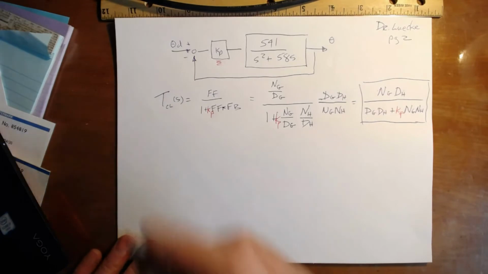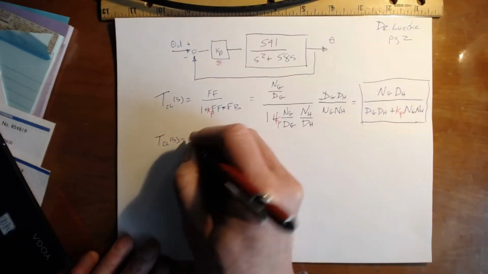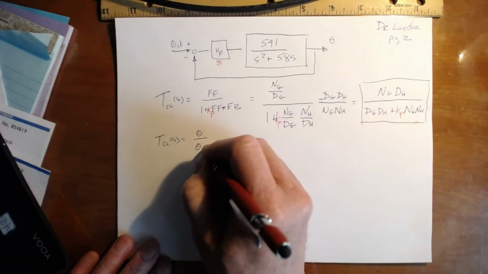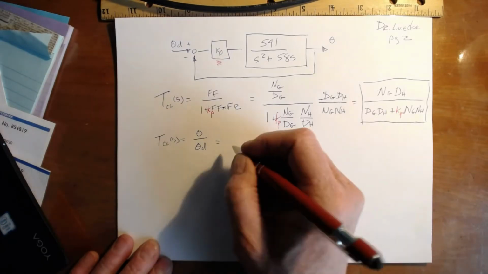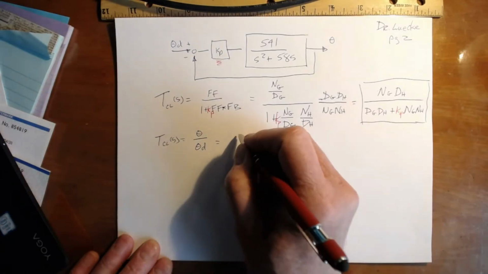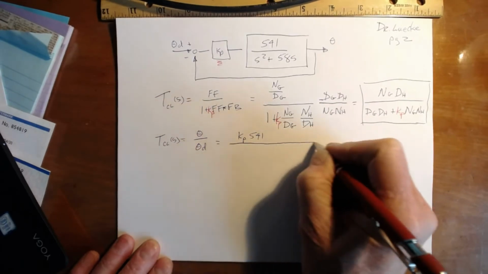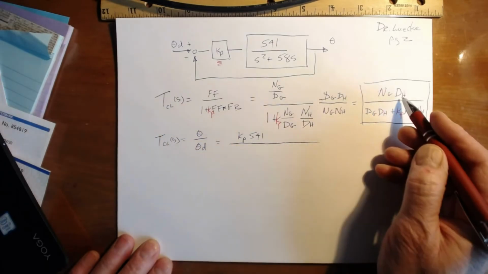Okay, so here's a different formula that you can use for your closed loop to resolve a loop into an overall transfer function. So here's the closed loop transfer function in terms of S. It's going to be theta, what comes out, over theta desired, what goes in. This is going to be the numerator of G, Kp times 541, divided by the denominator of G. Now, numerator of G times the denominator of H, so that's just 1.